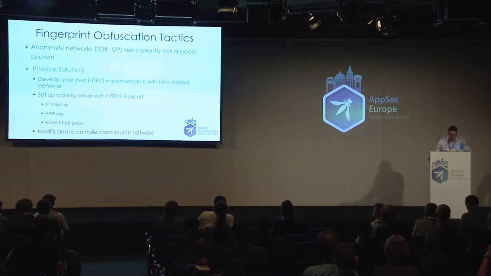The second solution, which requires less effort, but still would come up in a fingerprinting effort, is the usage of a proxy. There are 2 proxies today, MITM proxy and HAProxy, that support H2. And there's a nice node library called node-http2-proxy that could be used for that. Of course, if you're using some kind of open source software, you can try to modify and recompile it.